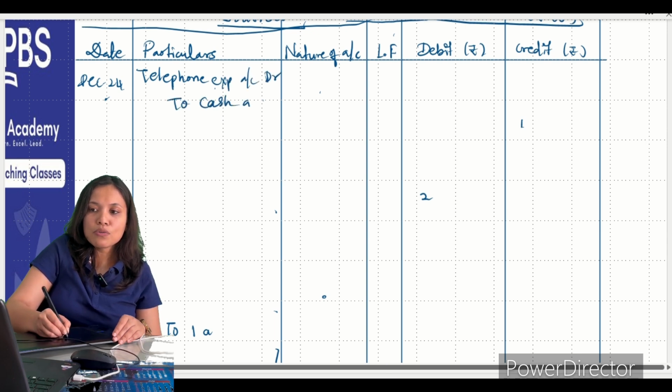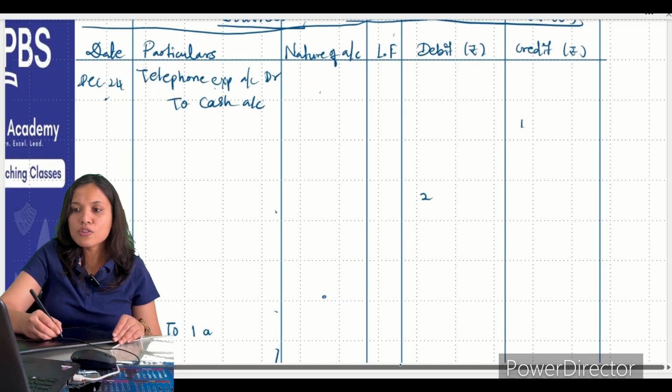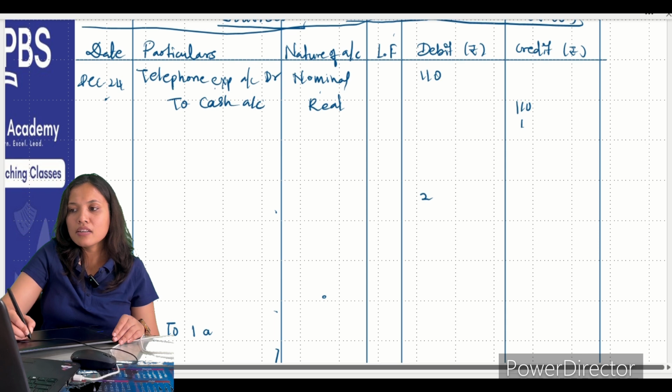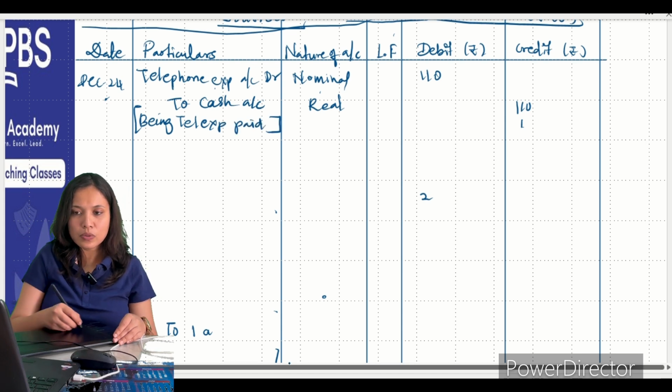Cash. So to cash account. How much is the amount paid? 110 rupees. So what is the nature? It is nominal. Cash is real. So 110 rupees. Being telephone expenses paid.